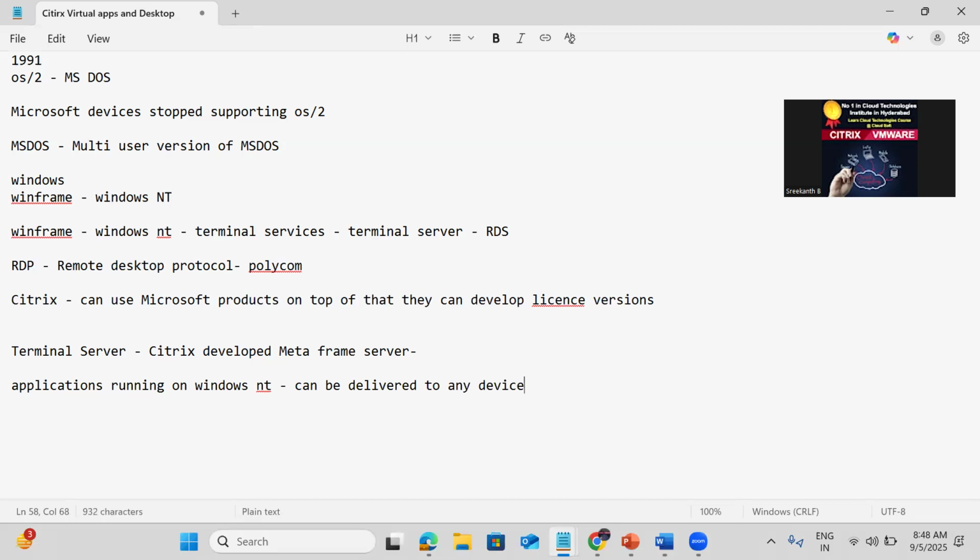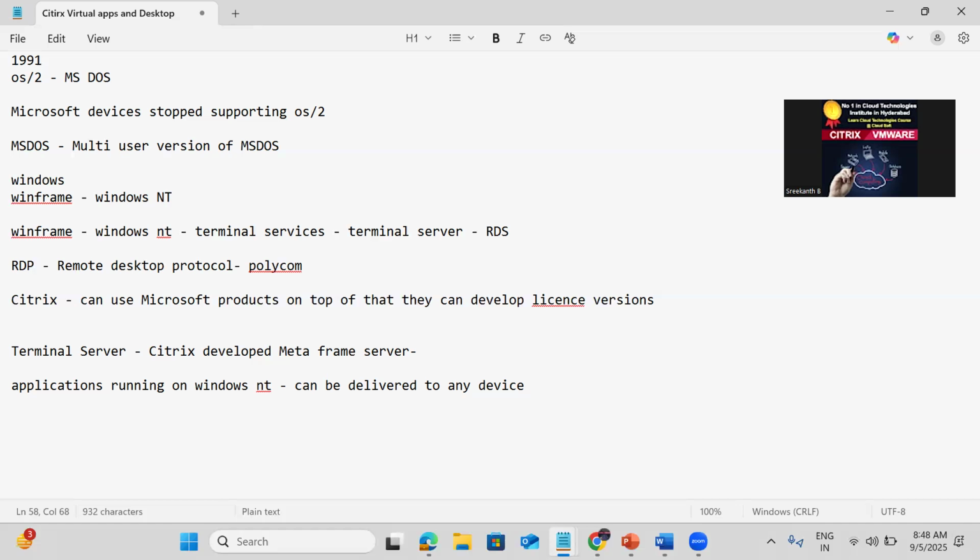Around 1999, the world doesn't know the word application virtualization, but Citrix has developed the product itself. Okay, so that is the vision Citrix had, and with the MetaFrame server, Citrix has become an IT giant.